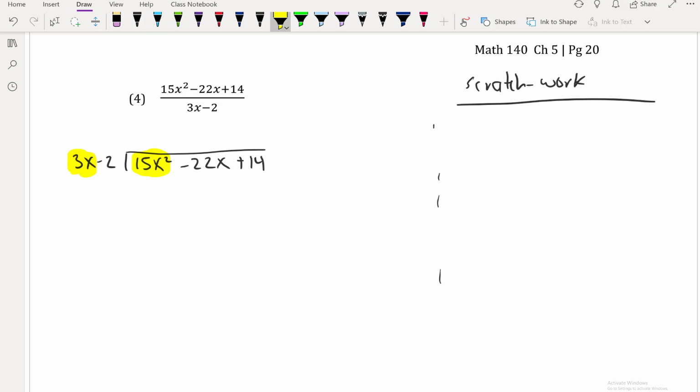Well, let's think about this. 15 divided by 3 is 5. X squared divided by x, so that 2 minus that 1 gives me an x. So I want to multiply out 5x times this entire thing out in front, so that would be my 3x minus 2.